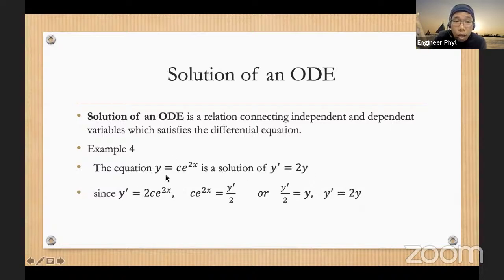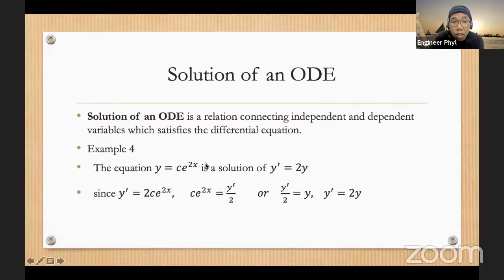Why is the equation y equals c e raised to 2x a solution of y prime equals 2y? Since y prime equals 2 times c e raised to 2x. What happens here?